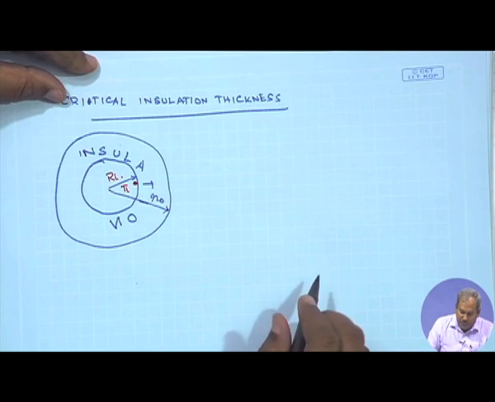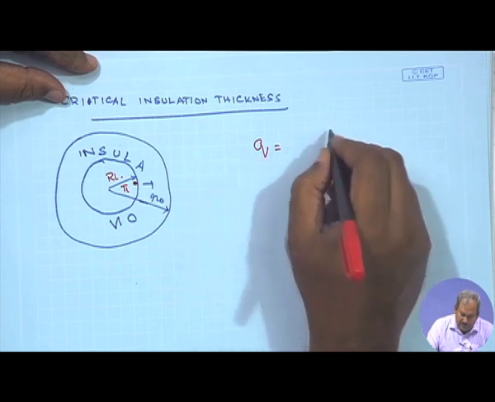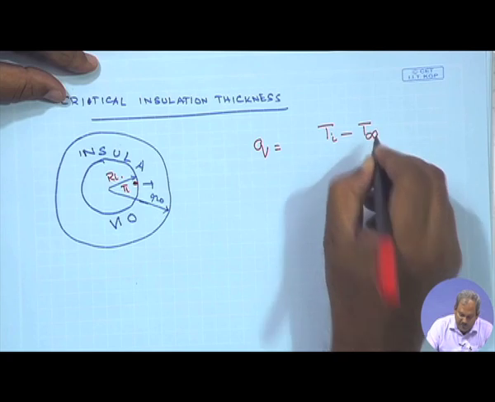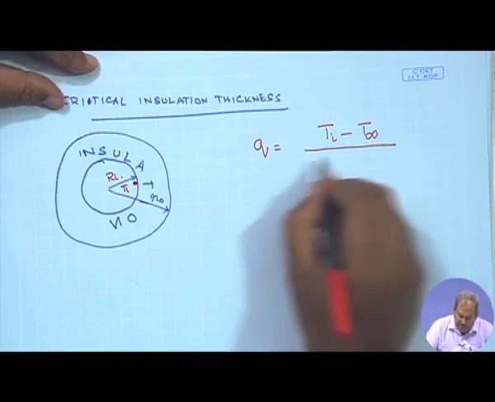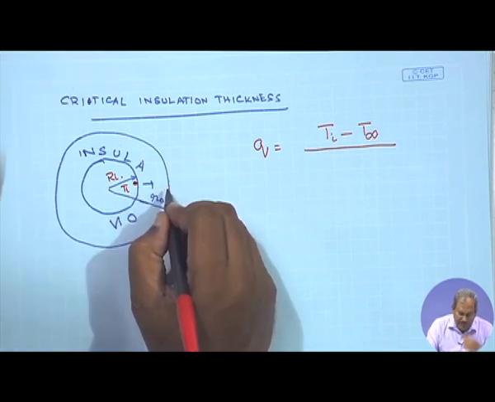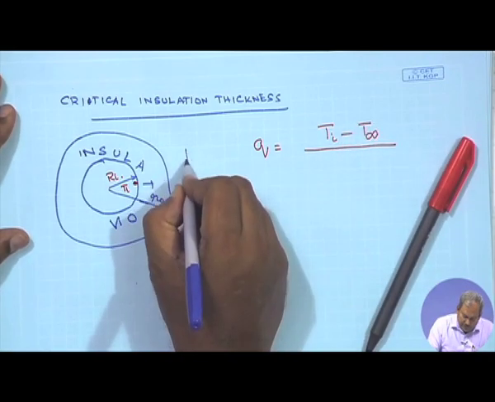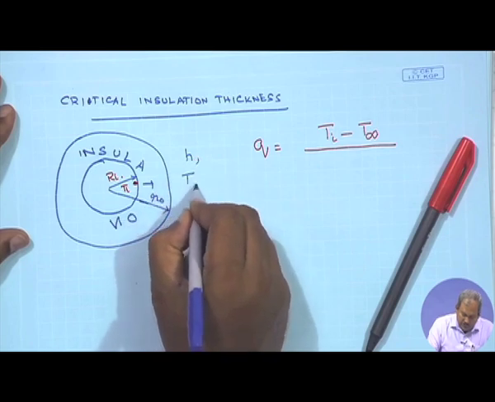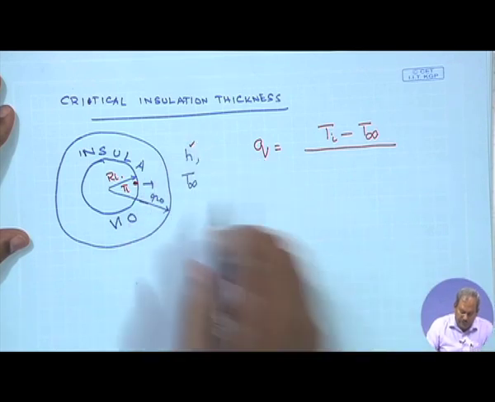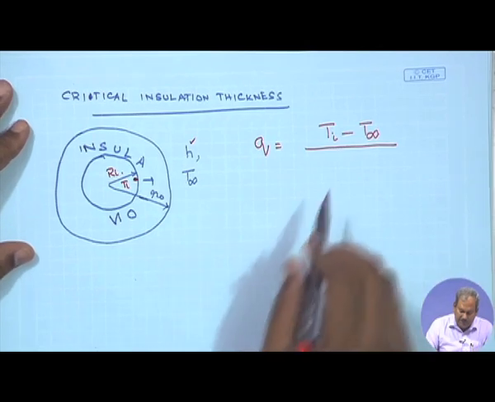So, the total amount of heat flow from the system is simply the potential difference, which is T I minus T infinity, divided by the resistance, the conductive resistance of heat transfer, and it is in contact with a fluid with a convective heat transfer coefficient H and temperature T infinity.